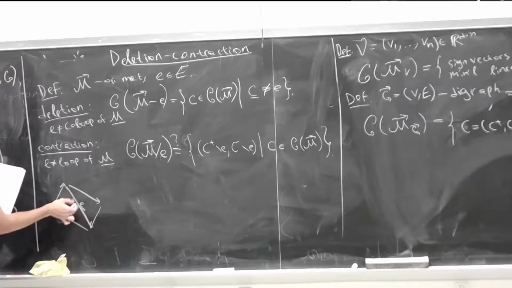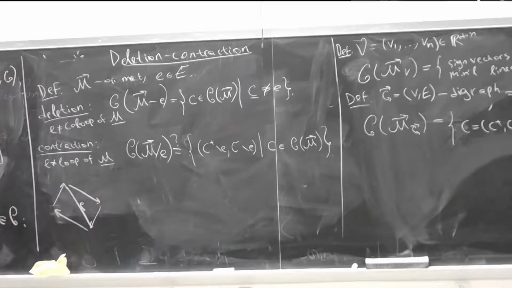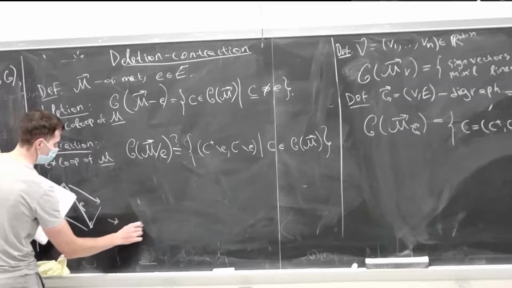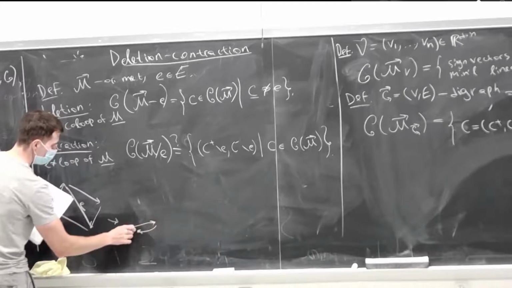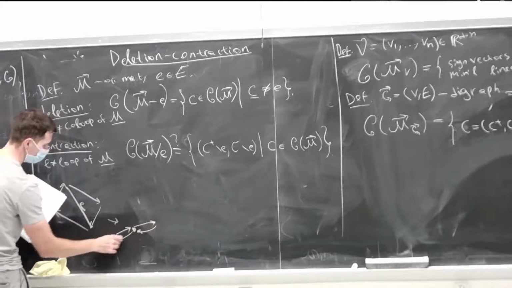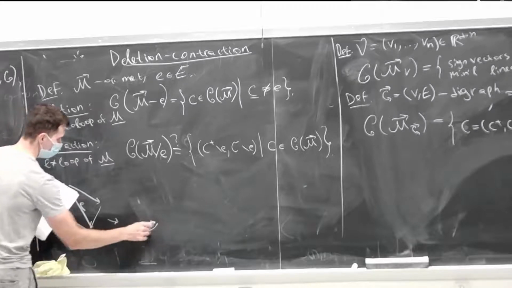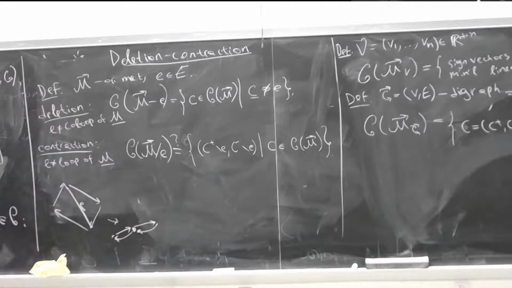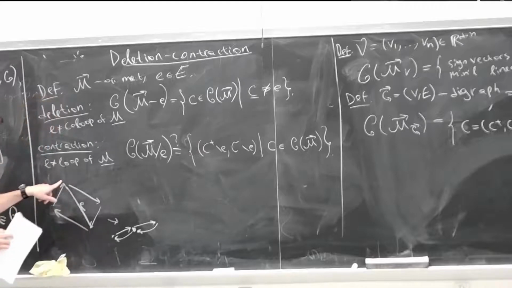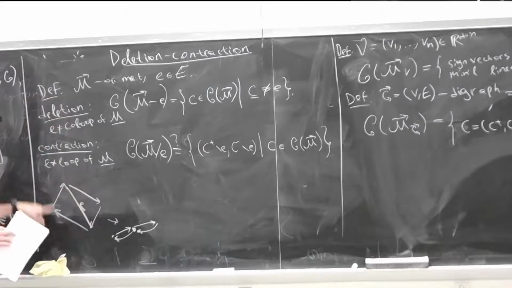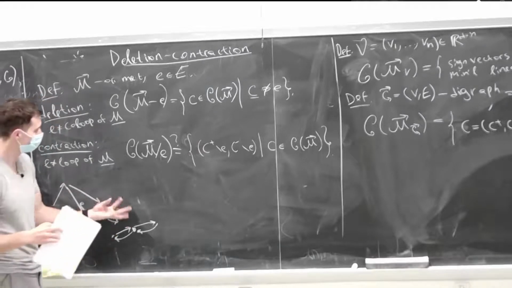If I contract E, my cycle splits into kind of two different cycles, right? Yeah, it doesn't quite work, right? Because you can't just keep all these other cycles as is, because they're going to split.